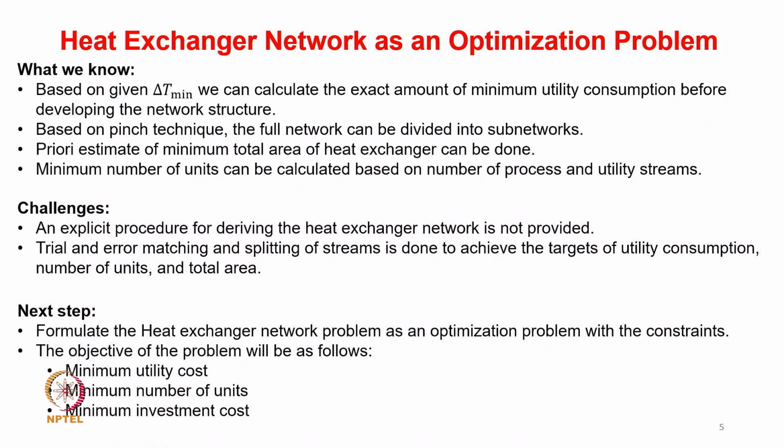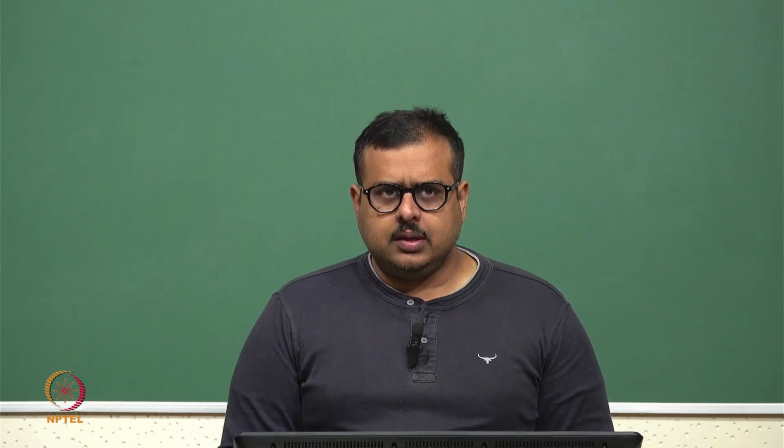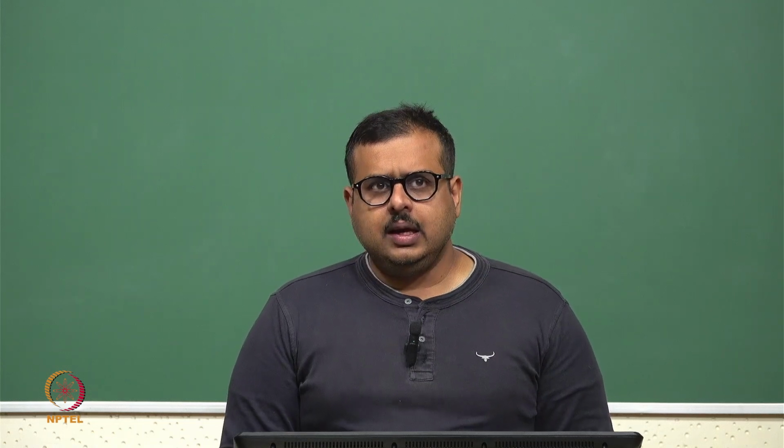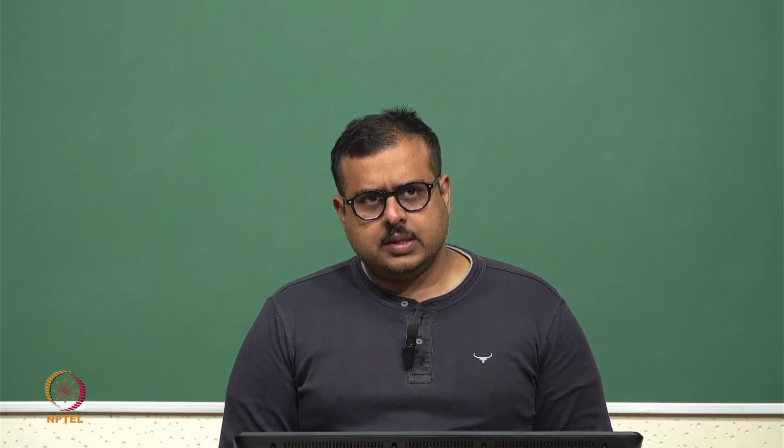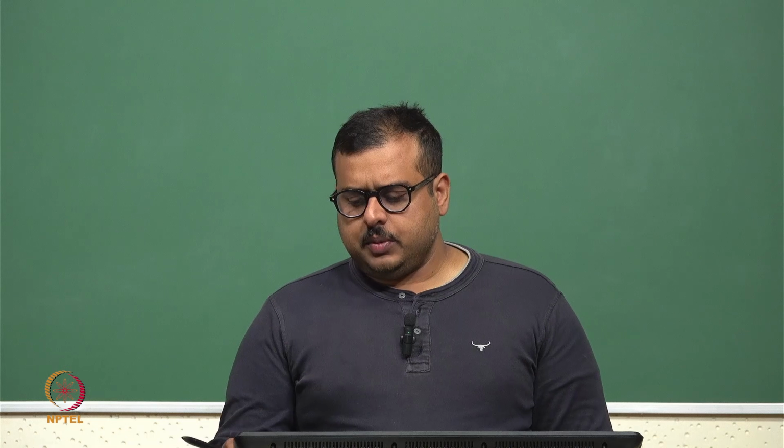So there are multiple ways to pose it, but at the moment we try to formulate this problem individually, so that we can look into the details of how we are reformulating it. And as I told, one can solve them as individual optimization problems or as a multi-objective optimization problem.